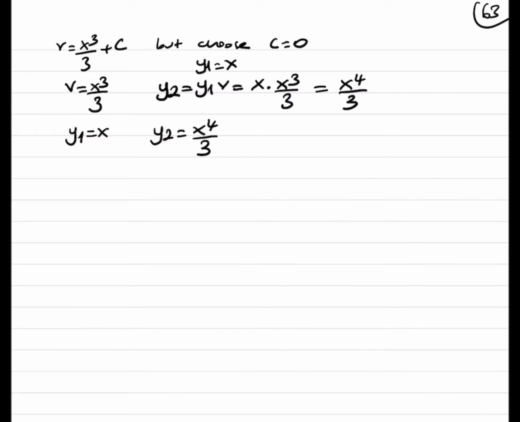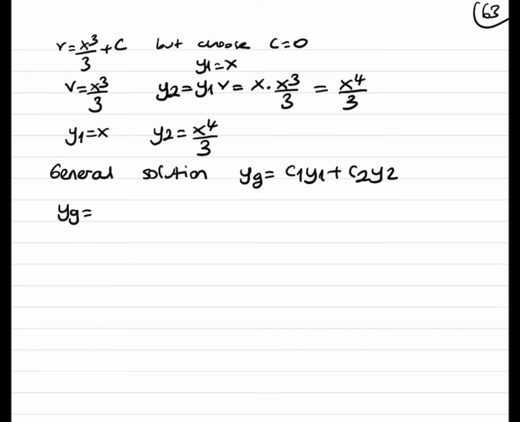So what is the general solution? General solution, we can sometimes write y general, so it is c1 y1 plus c2 y2. So y general is c1 x plus c2 x to the power 4. Because of these constants c1 and c2, we can choose c to be 0.